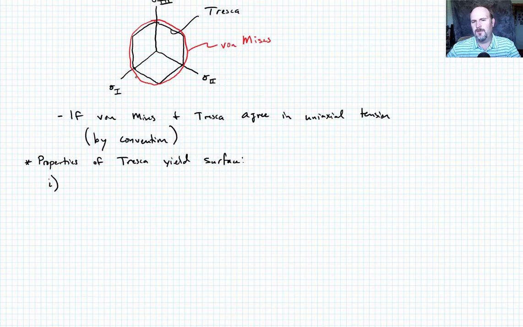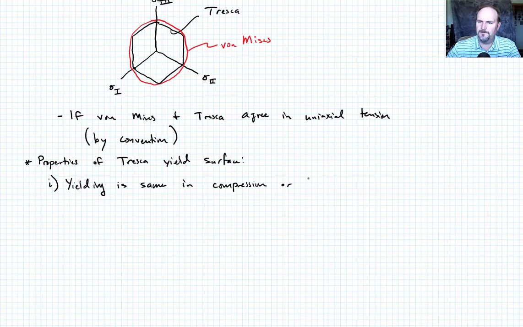So remember that this plane that we're looking at up here comes out at an angle towards us, and if we go back down the same way, that shape doesn't change. And so we could say that via isotropy, yielding is the same in compression or tension. And the same is true actually of the von Mises criteria, right?